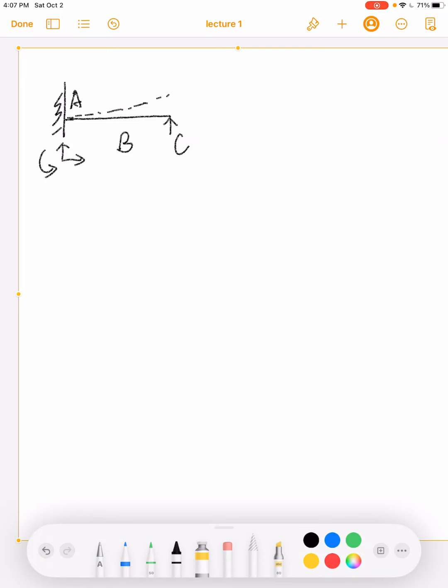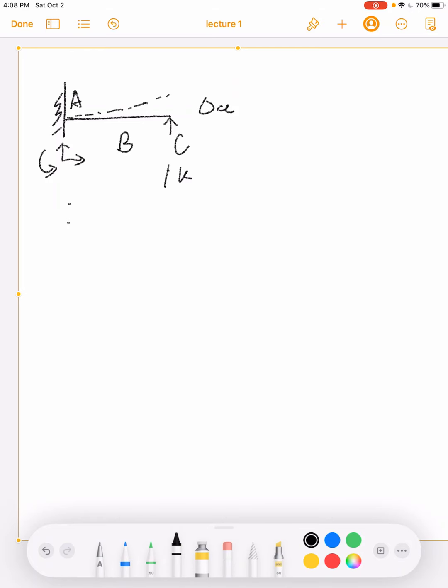So what is the force in that support so that they can bend the beam back to where it's supposed to be? I'm going to call the deflection here delta CC. That's the deflection at point C caused by the force at point C. And the force I'm going to apply is just 1 kip, because I don't know how much force I need to apply, right? So I just apply a unit force.